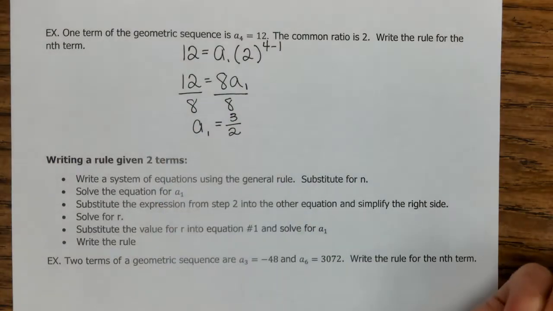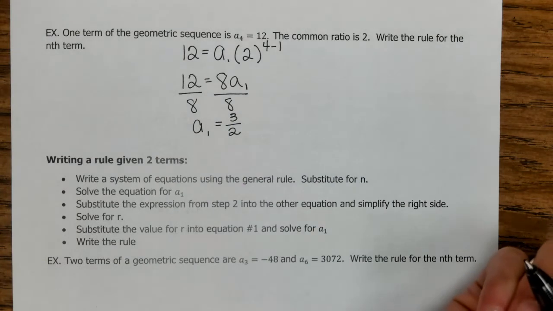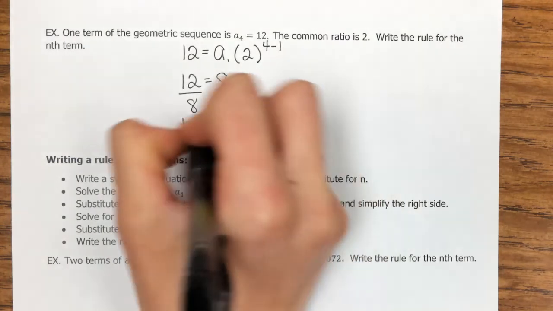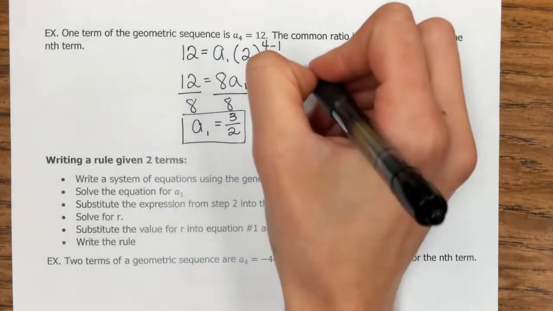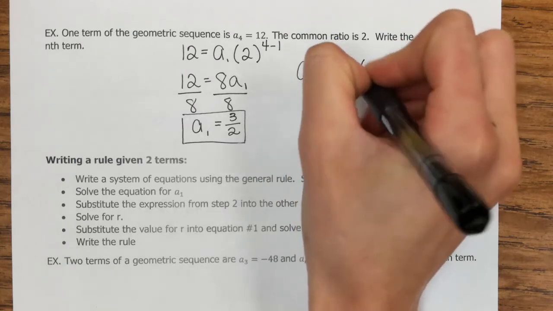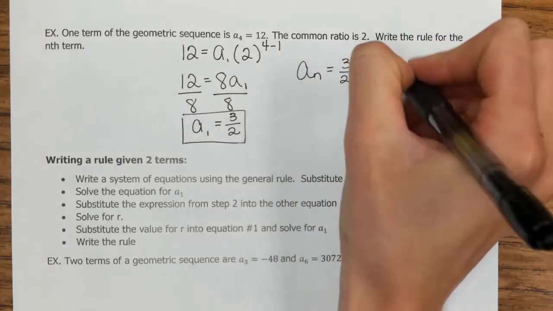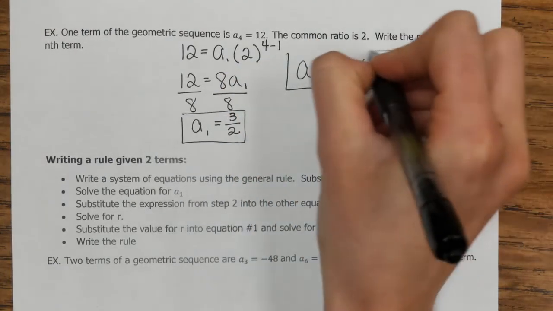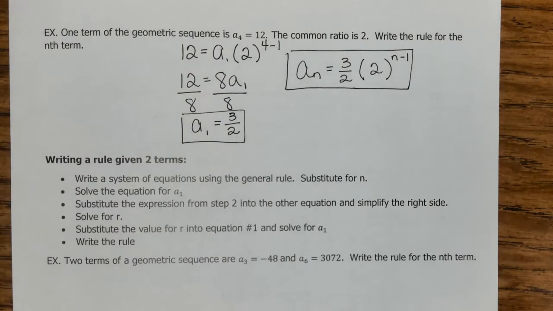Should be 3/2. You can simplify them both by 4. Okay? So if my A1 is 3/2, my equation is AN equals 3/2 parentheses 2 raised to the n minus 1 power. You all good with that? Okay.